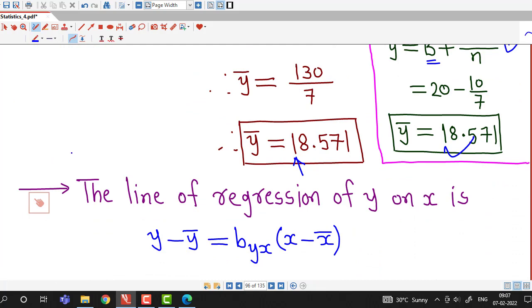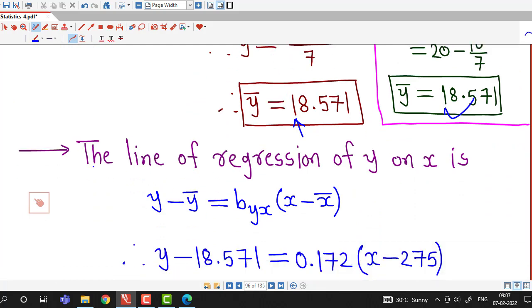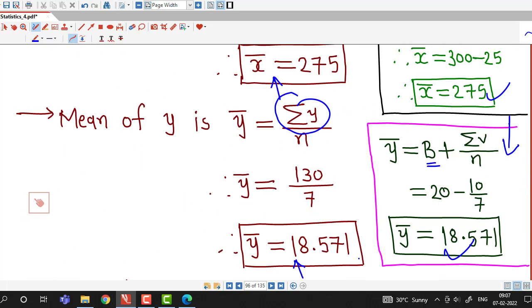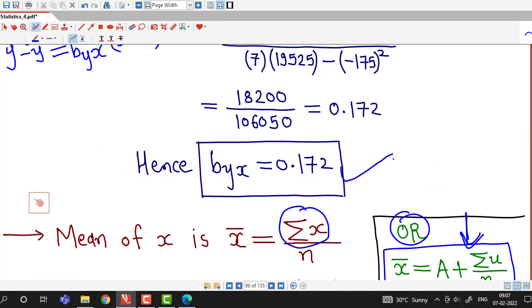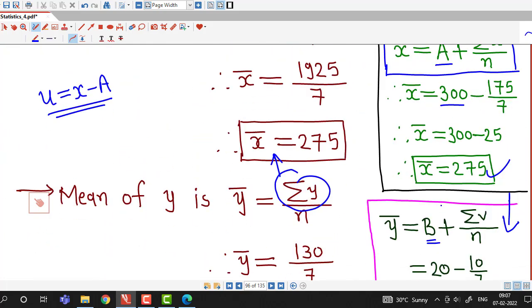So once we obtain x bar and y bar, we have this formula for line of regression of y on x. It is y minus y bar equal to byx times x minus x bar. We substitute y bar equal to 18.571, byx we obtained is 0.172 and x bar is 275.